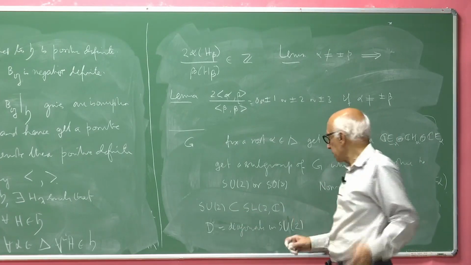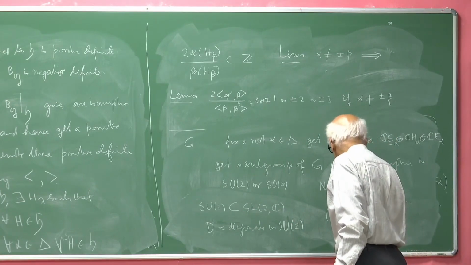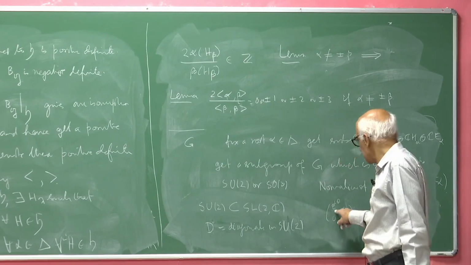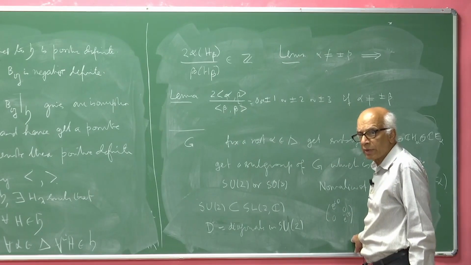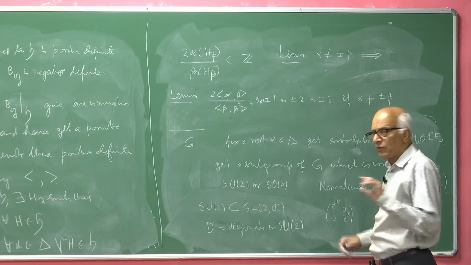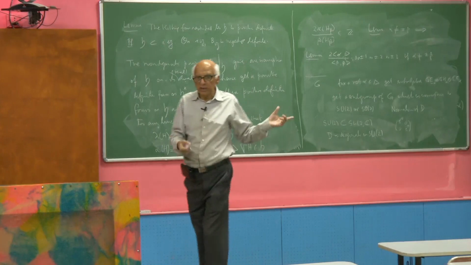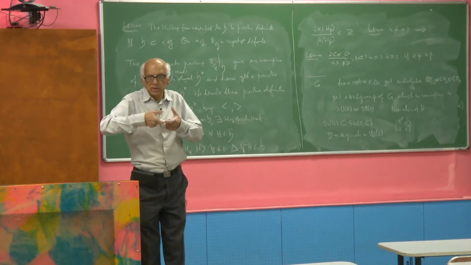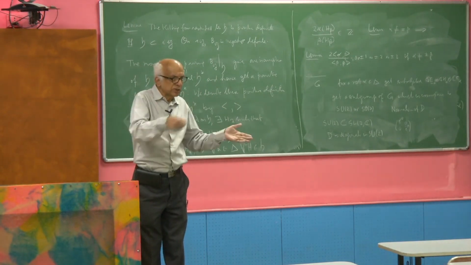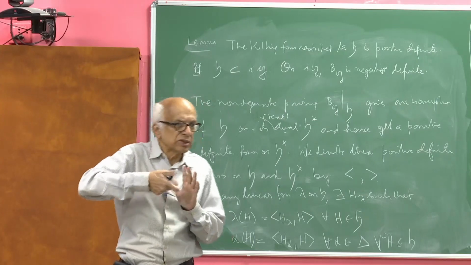The diagonals consist of things like e power I theta, e power minus I theta, and you have an eigenspace corresponding to e power I theta and another corresponding to e power minus I theta. If I take any element in the normalizer of the diagonals, it must permute the eigenspaces.